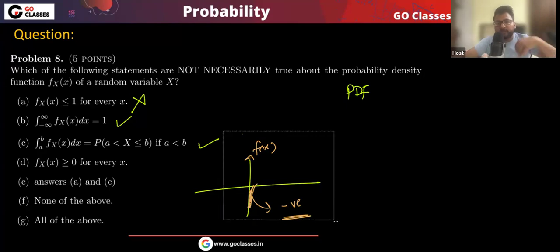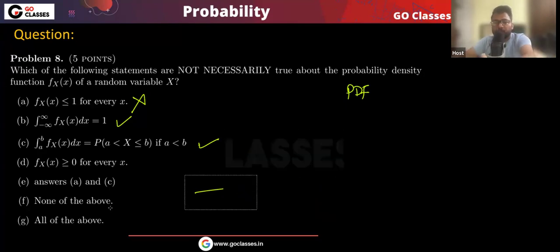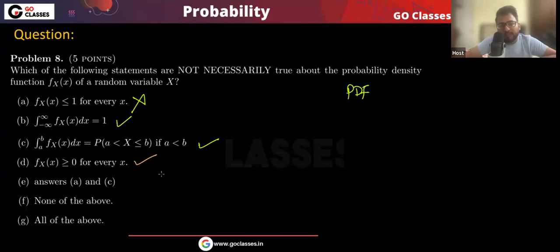So that's why it has to be greater than or equal to zero only. What I'm saying here is that this is true. The reason is that the probability of x in any region is greater than or equal to zero. This means if the probability is greater than or equal to zero, then the PDF, by whose integration the probability is calculated, cannot be less than zero. So this also has to be greater than or equal to zero.